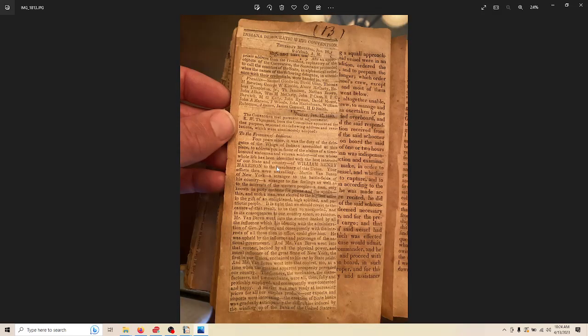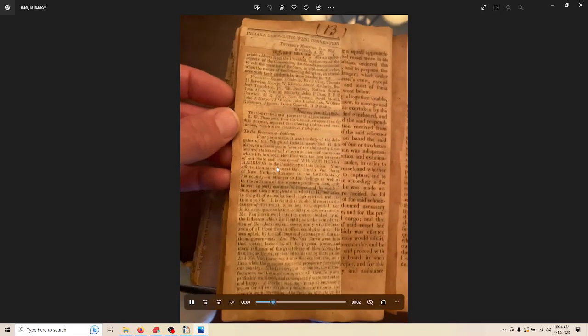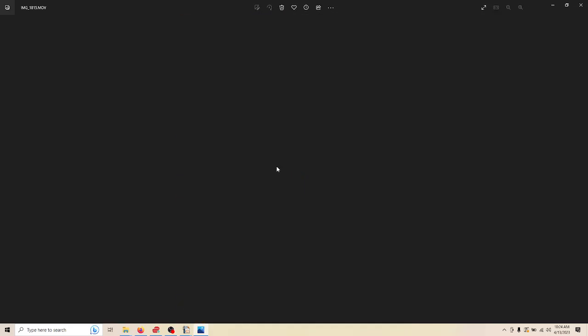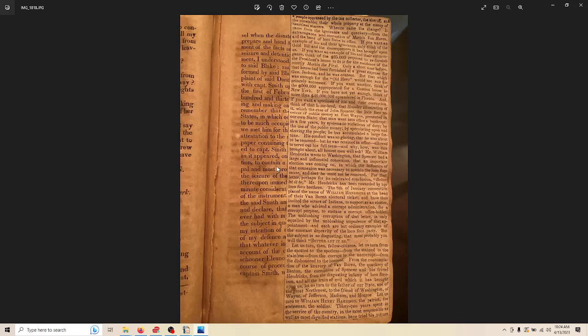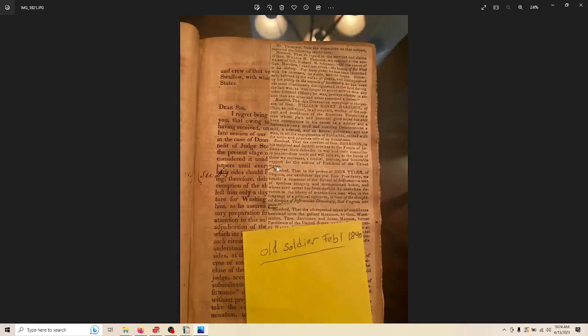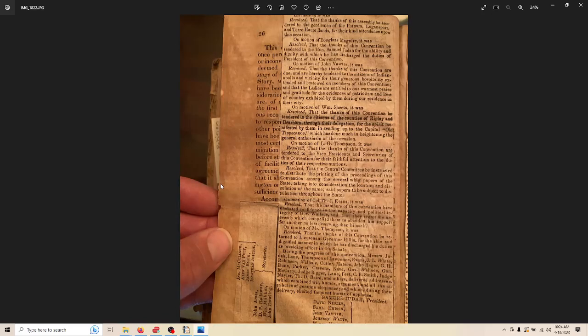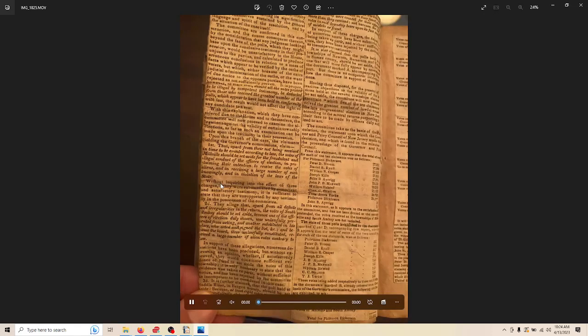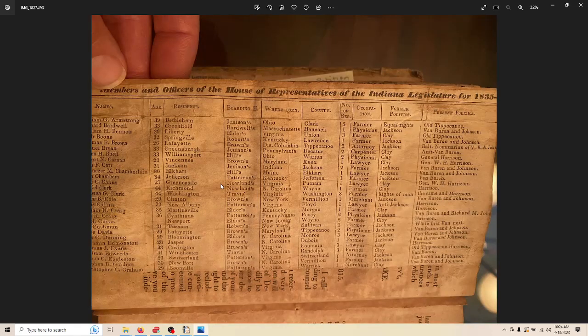And as I flip through this, just to get a feel for what this book looks like as we explore to see if there are other books like this book that Abraham Lincoln would put together, you can see there are markings within this book. Section D or CD, but probably Section D. List of members in the Indiana legislature.